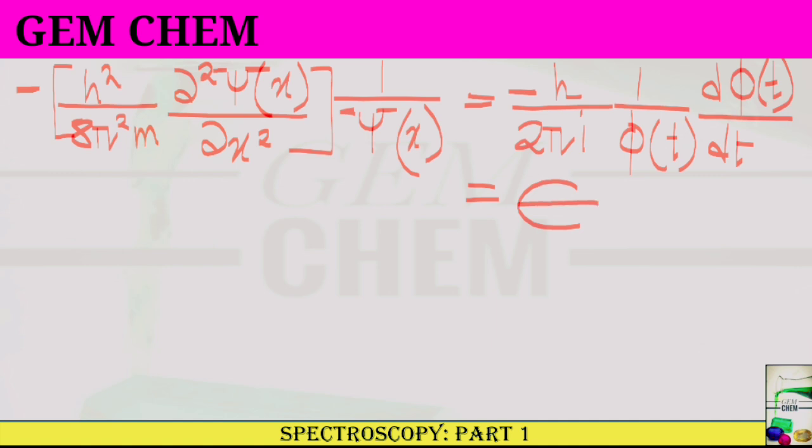This is valid for all values of x and t, provided that both sides are equal to some constant, basically an energy value. So this is our time dependent Schrodinger equation.